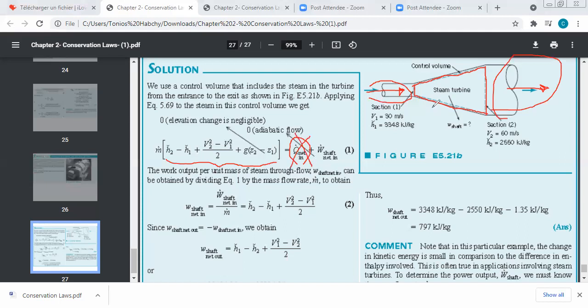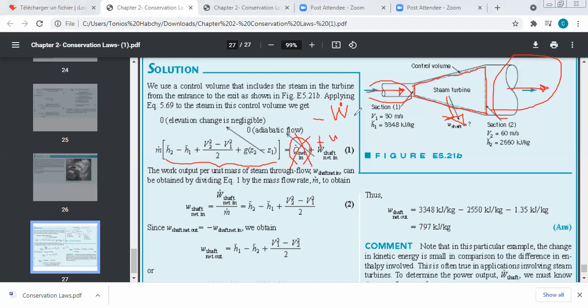Now here, my turbine will deliver work. You know in general that my convention is the following: I put minus W dot. And when I put minus W dot, since the turbine is producing work outward, in this convention W dot of the turbine is positive.